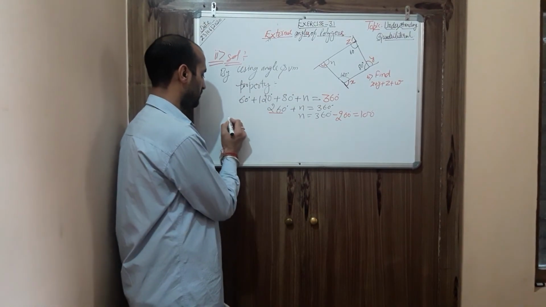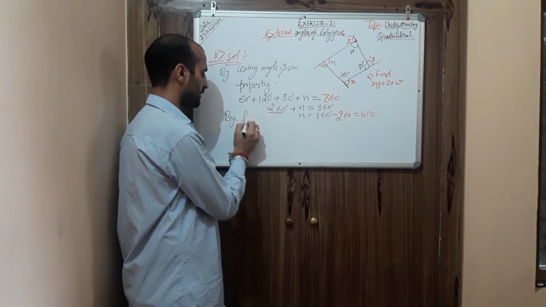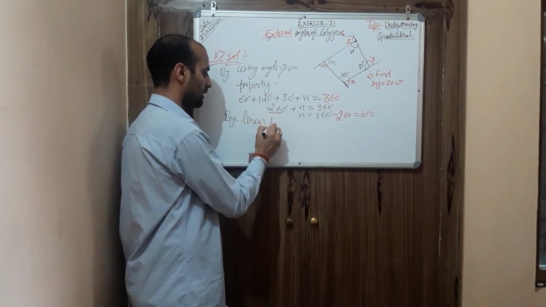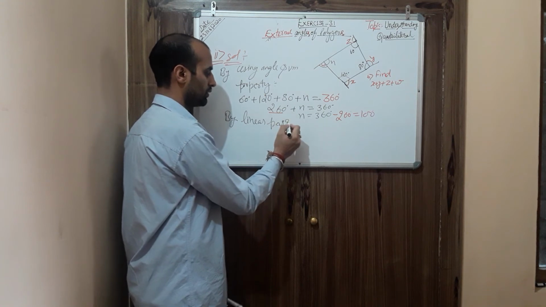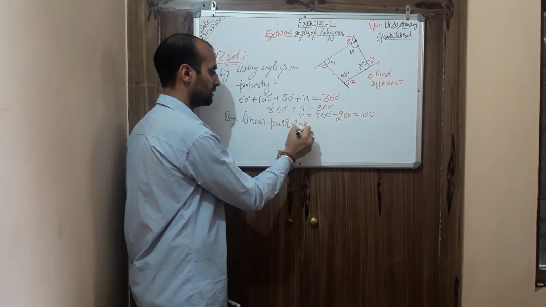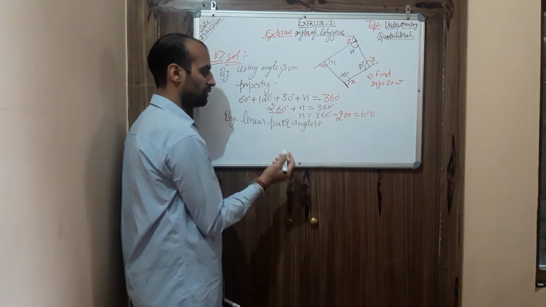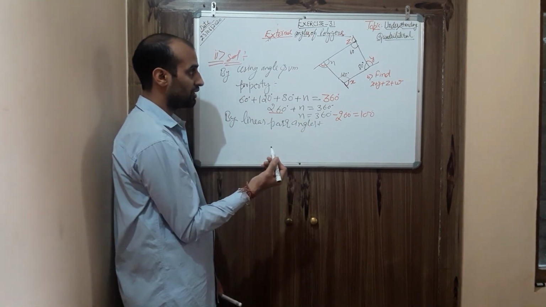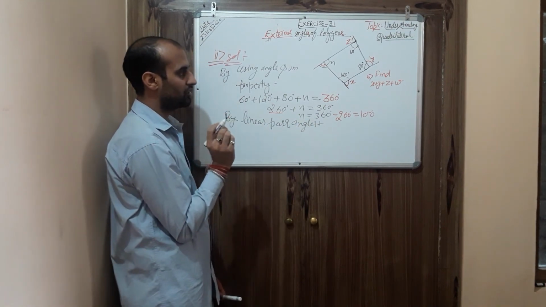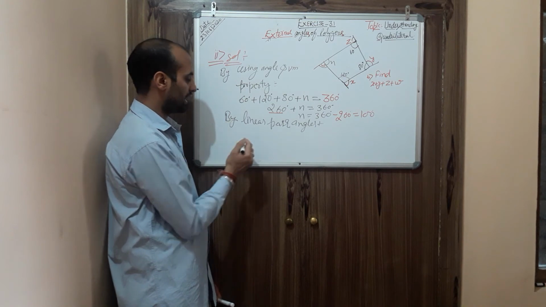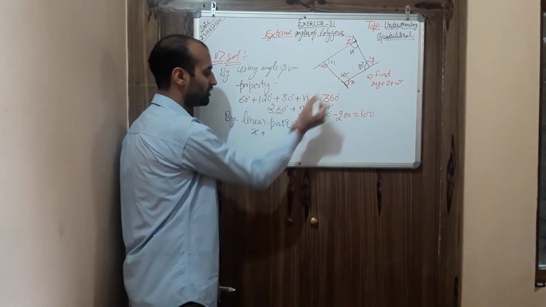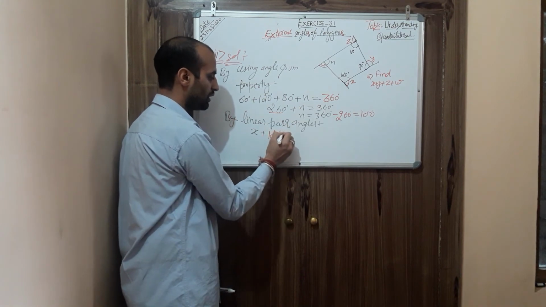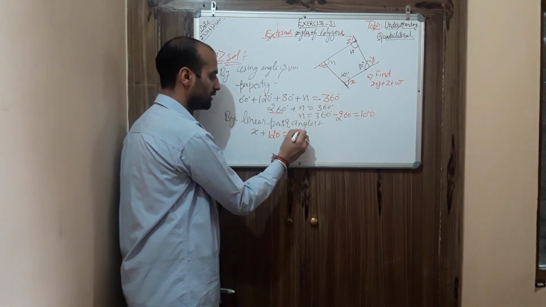Similarly, by using the linear pair angle once again. Same definition I am using, once again linear pair. Let's see which angle forms a linear pair with x. You can see here x and 120 are on a line, so x plus 120 must be equal to 180.